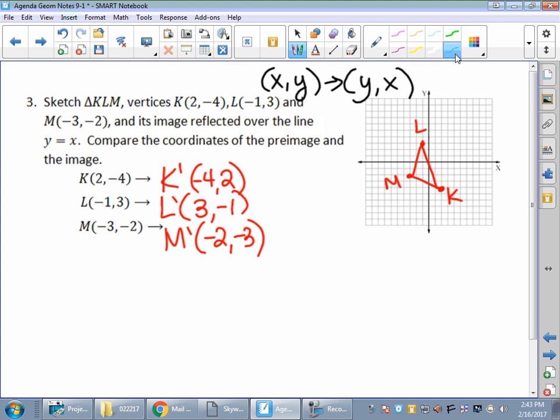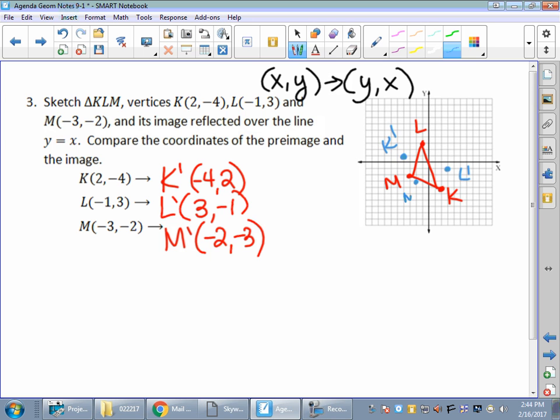That's what I'm looking for from you as well. So please write out what are your ordered pairs for your K, L, and M primes. Sketch it if it asks to sketch it. So K prime's at -4, 2. L prime's at 3, -1. And M prime is at -2, -3.